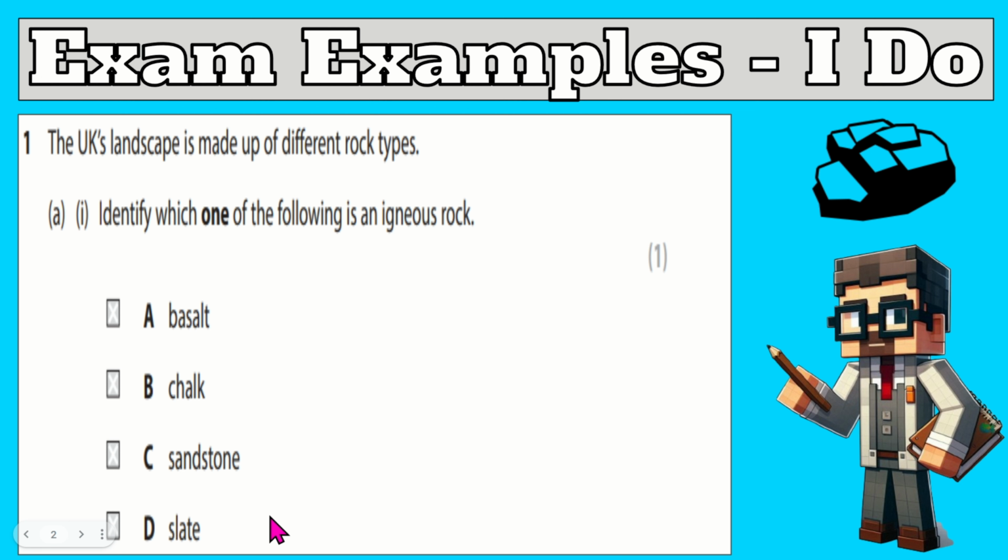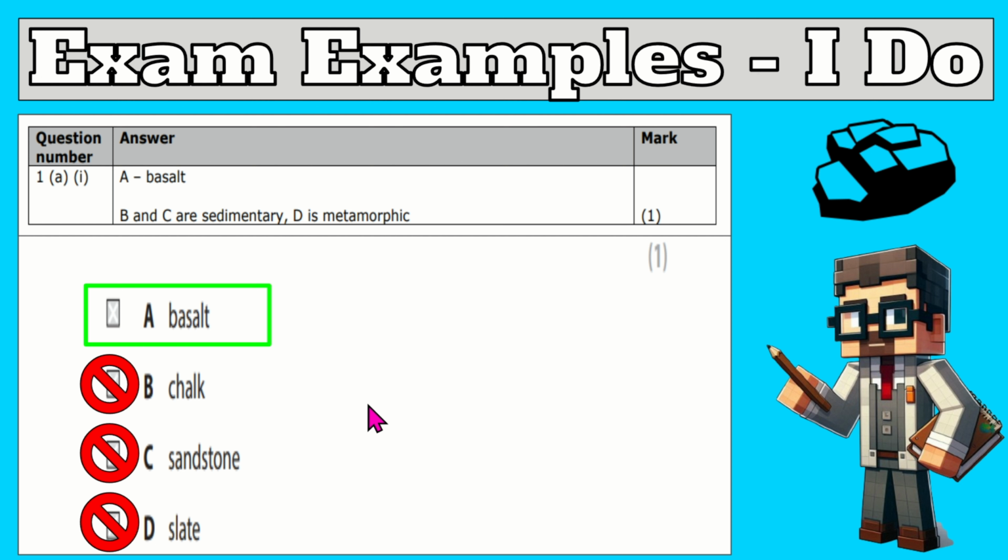And then there's a bit more confusion between these two, but I know I've seen slate. My teacher's got slate out in lessons, and I've seen the layers. I know that's a metamorphic rock. It's changed. So I go through, I cross out the answers that I know are wrong, and that leaves me with the correct answer that basalt is the igneous rock. Okay, so that's the process of elimination.